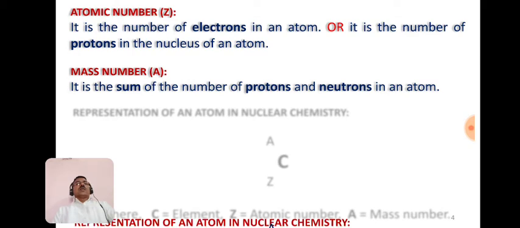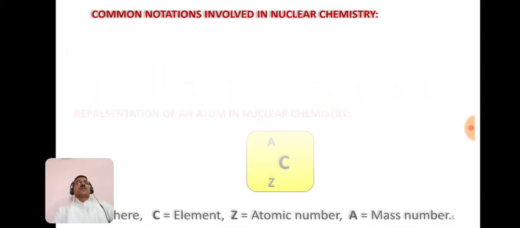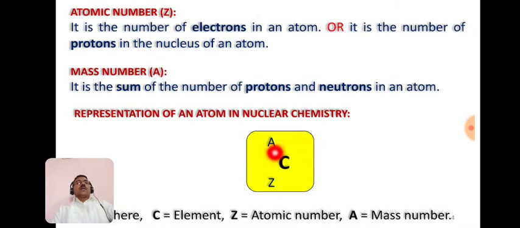In nuclear chemistry, the atom is represented in this manner, where capital A indicates the mass number, the letter C indicates the element, and the letter Z indicates the atomic number. So this is the representation of an atom in nuclear chemistry.